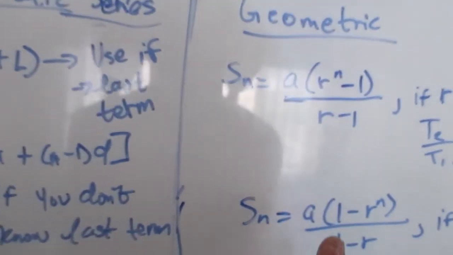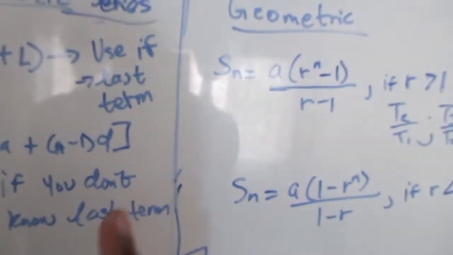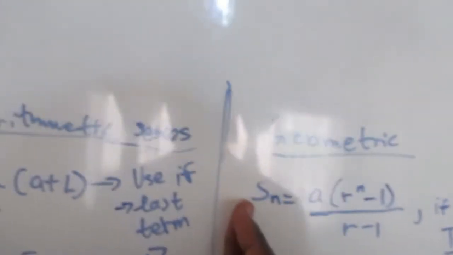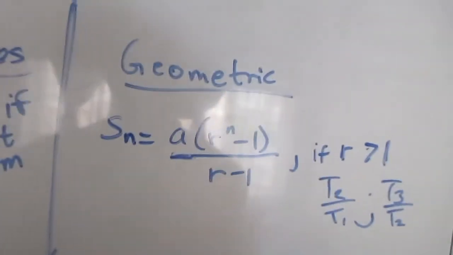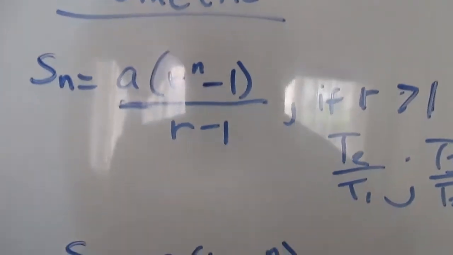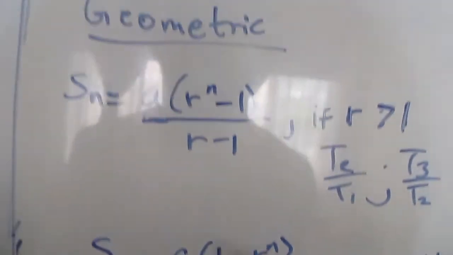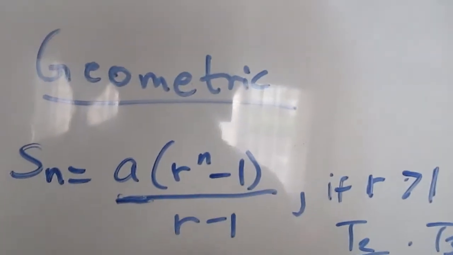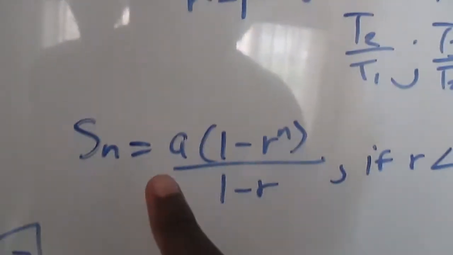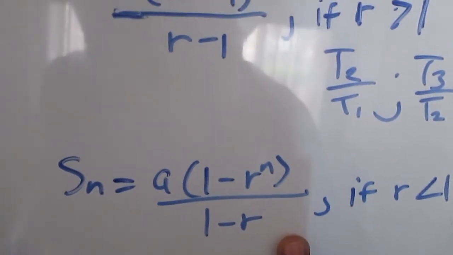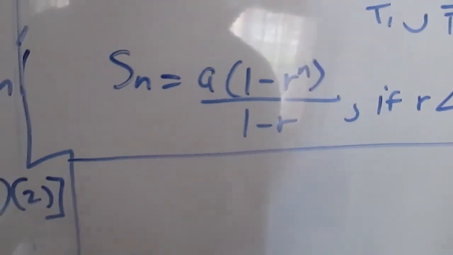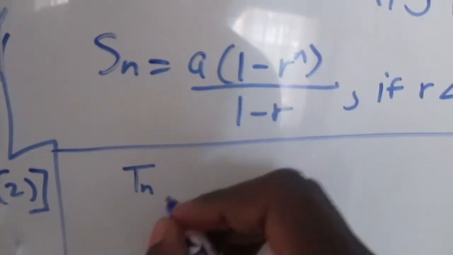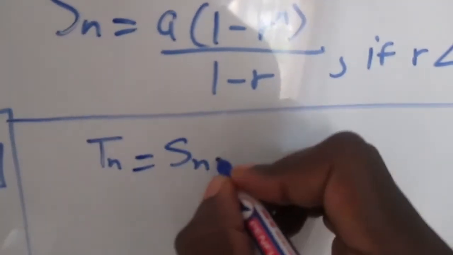So the usage of each of these formulas, whether geometric or arithmetic, is basically the same, but you just have different formulas for each type of series which you have. That is basically it. So once again, this is for r greater than 1, and this is for r less than 1. Now, here's a final note which you have to know with regards to series.